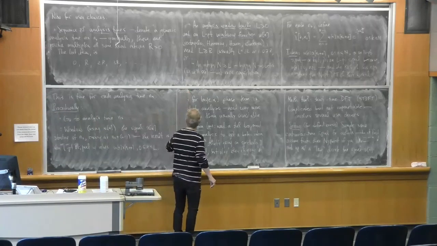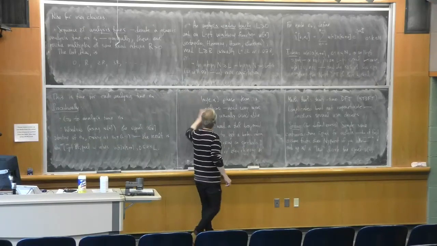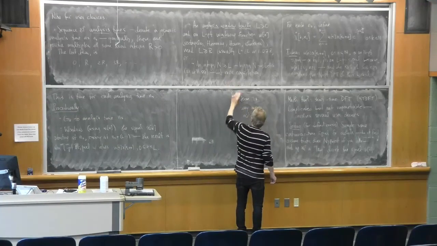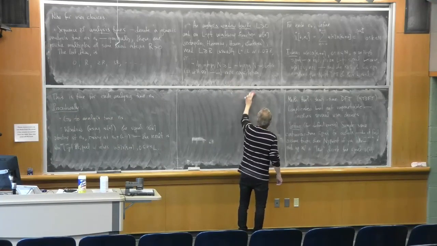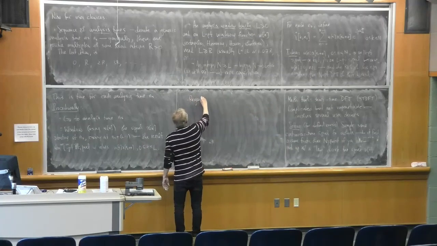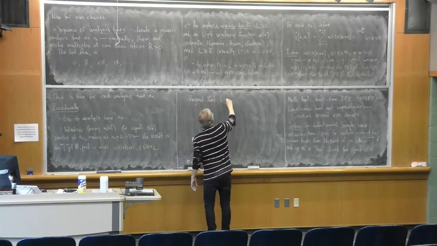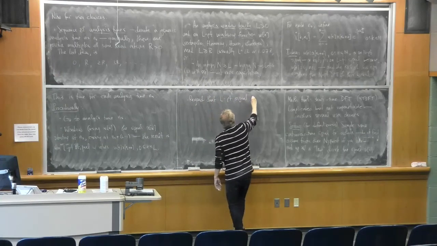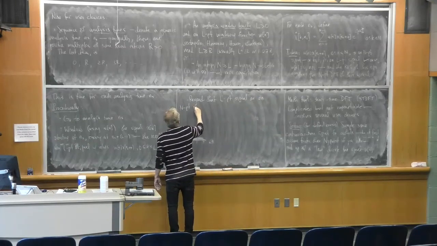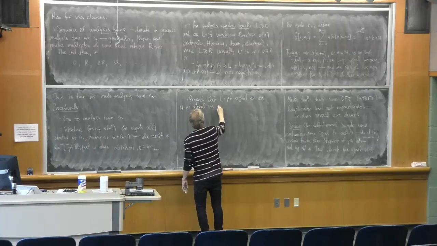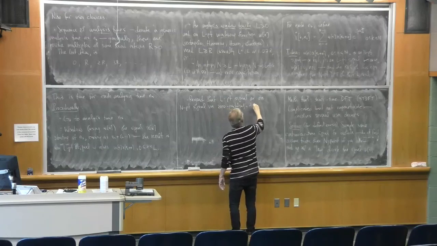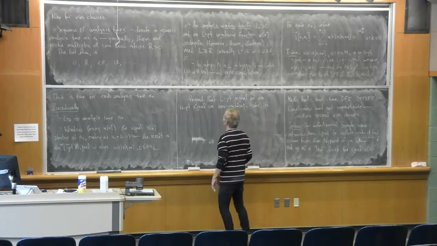Now regard that L-point signal as a cap N point signal. Remember, cap N is bigger than or equal to L. And take its N-point DFT. So you regard that L-point signal as an N-point signal by zero padding, and you take its N-point DFT.